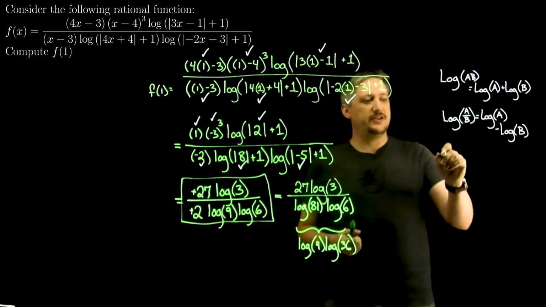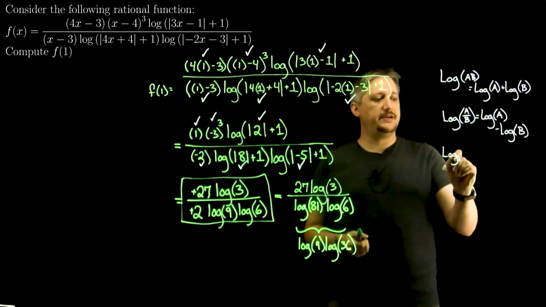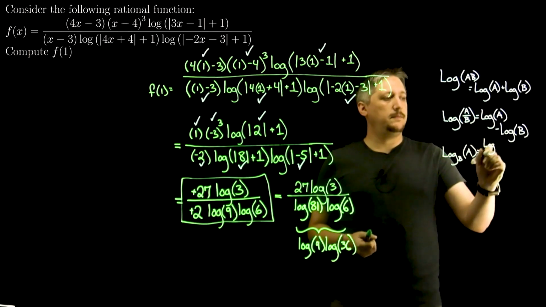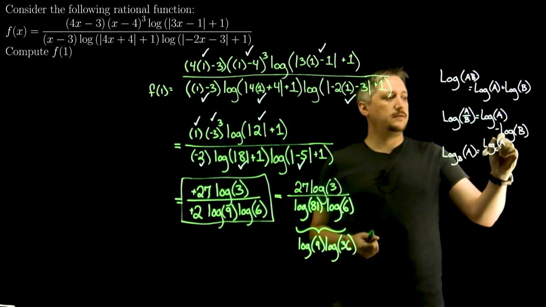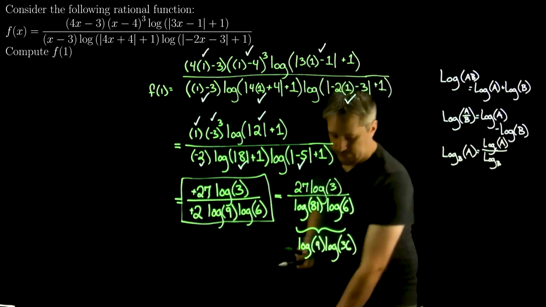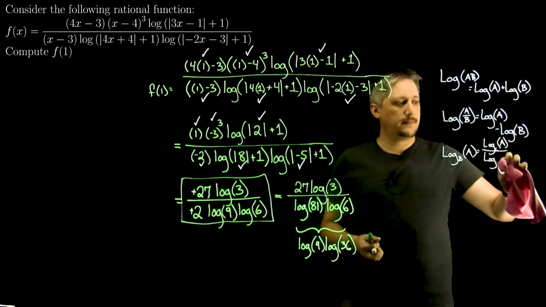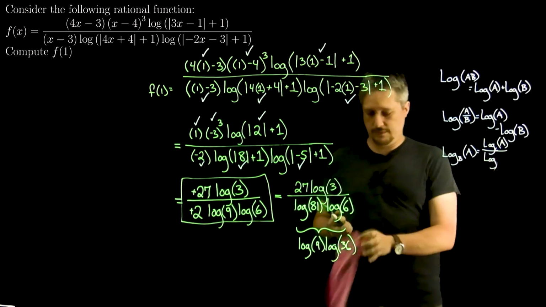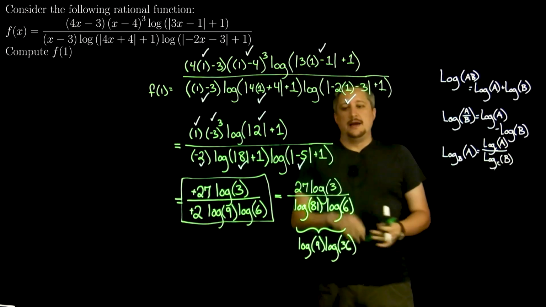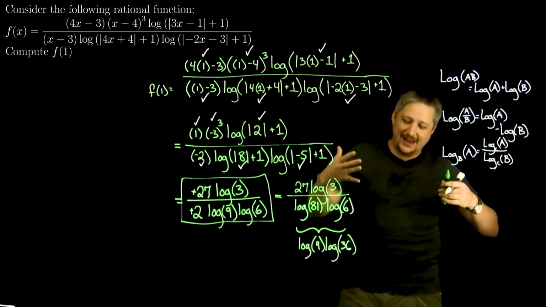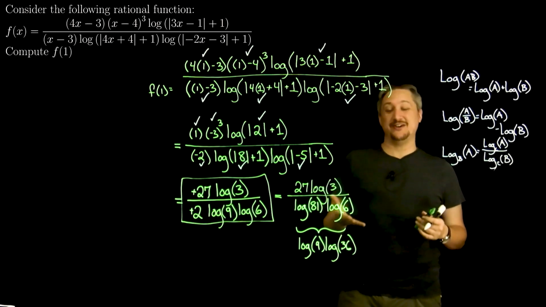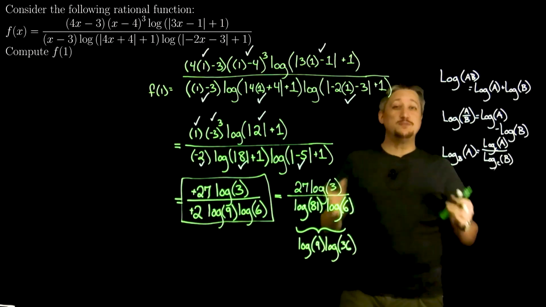So for example, log base B of A is log base C of A over log base C of B. And I mention this because, as it turns out, I can do something here that honestly does make it nicer, but it's super not obvious.